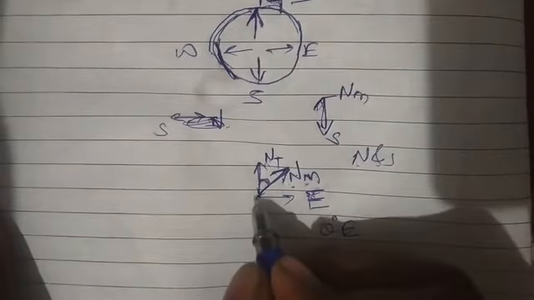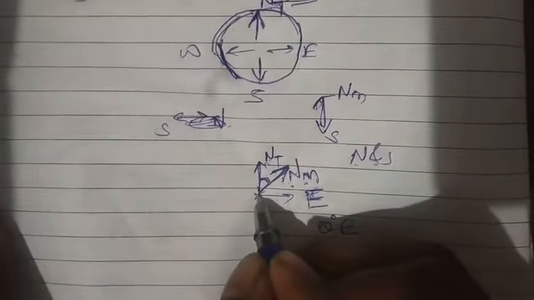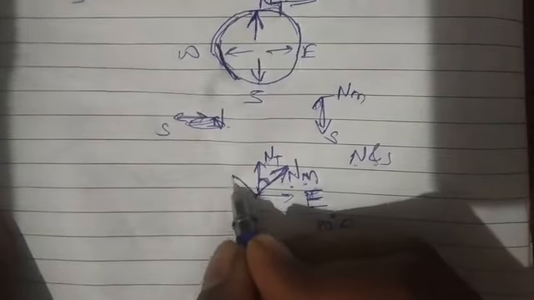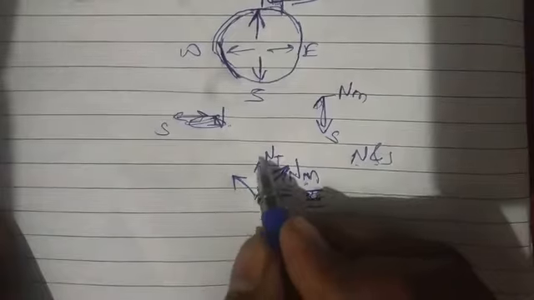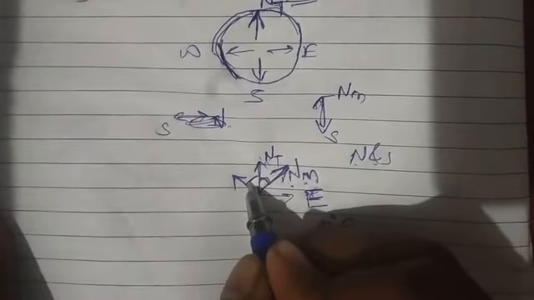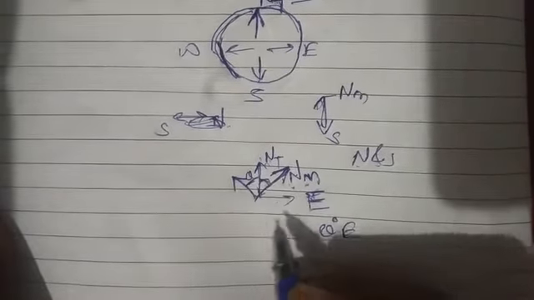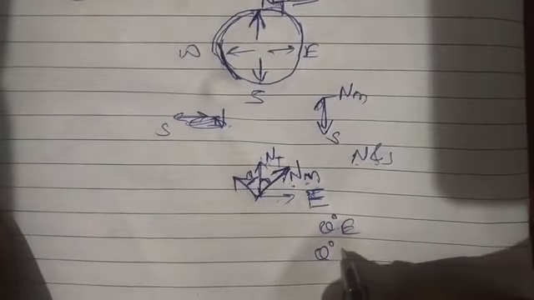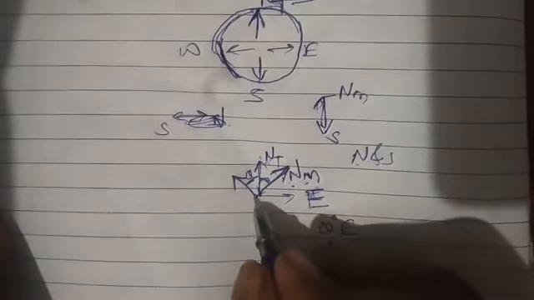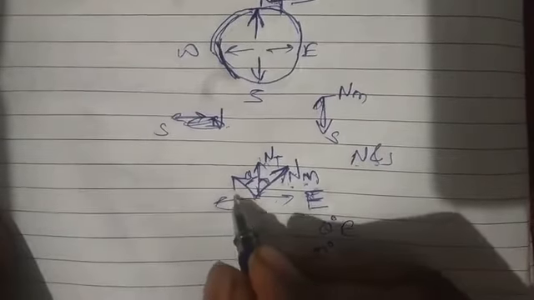Okay, if magnetic north lies on this side of true north, then this angle will be theta and the declination will be denoted as theta degree west, because the magnetic north is on west side of true north. So this is how the representation of magnetic declination is done.